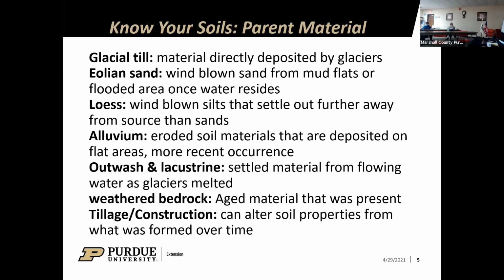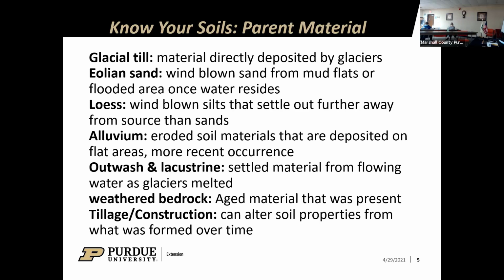We have sands and silts that blew away as the water ran off the melting glacier, and as it formed flat areas, the wind blew over those flat areas as they dried out and picked up the finer sand, and the silts went further than the sand. So those are the 2 types of soils we formed: sands blown by the wind and then loess soils, where the silts finally hit the soil and created those types of soils.